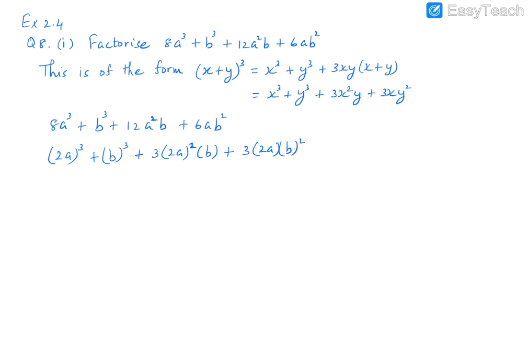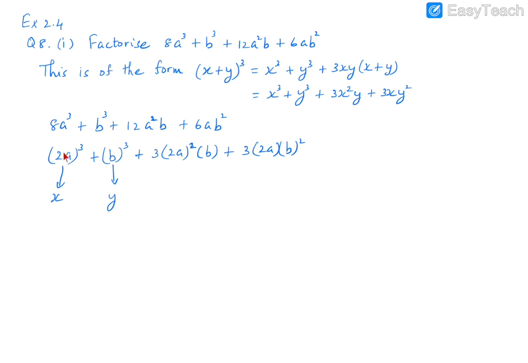Okay, so now this is of the form of this identity, where the 2a corresponds to x and the b corresponds to y. So we have it in the form of x plus y the whole cube.